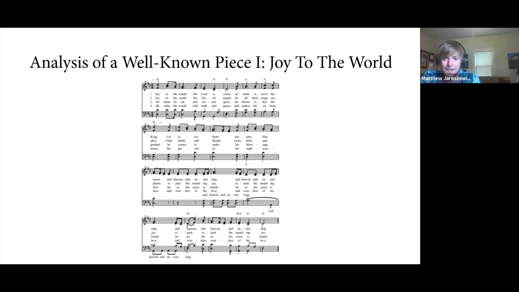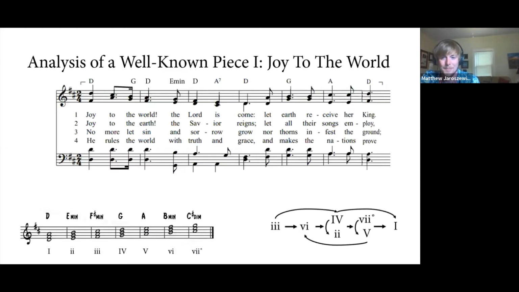There you go. Now, let's look at each line and see what we can learn from the music.